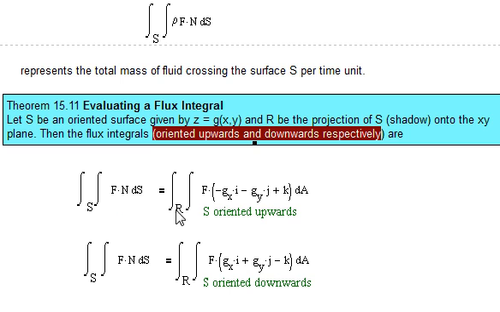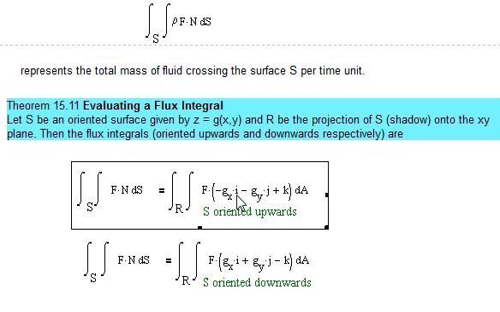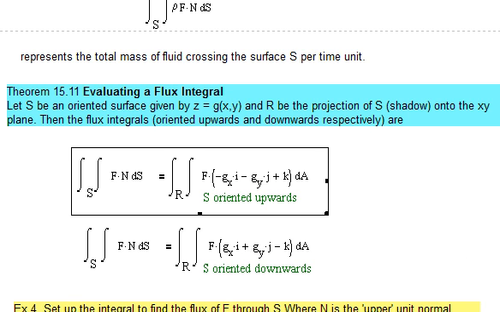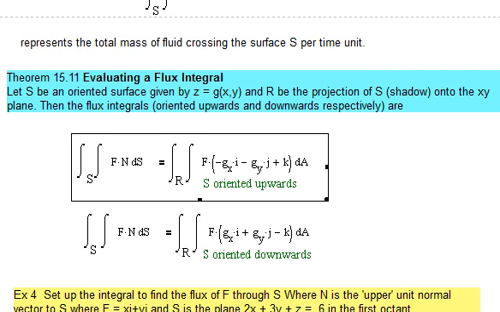F dot n dS is the double integral over region R, the shadow on the xy plane, of F dot negative g sub x i minus g sub y j plus k dA, or if it's oriented downwards, this, and you could probably guess what the difference between those two would be.